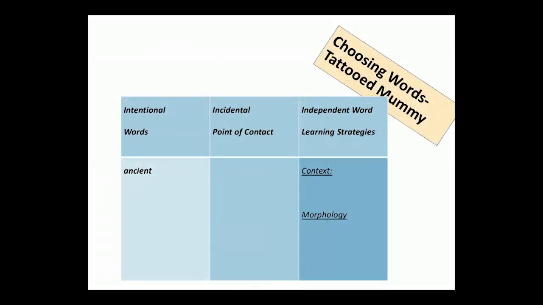Okay, so I'm going to give you an assignment now, all right? And here's your assignment. You need to go to your reading, and it's The Mystery of the Tattooed Mummy.